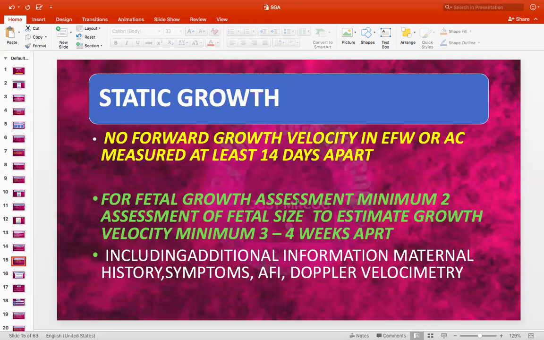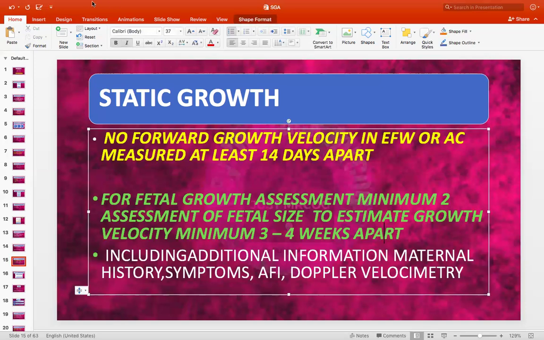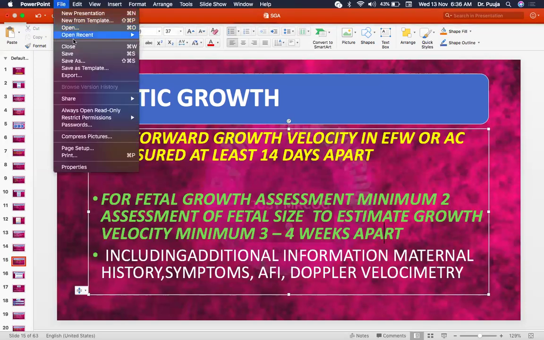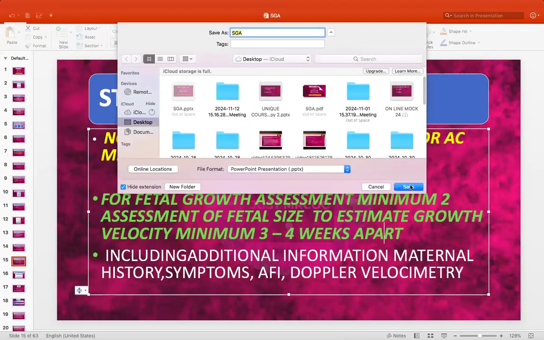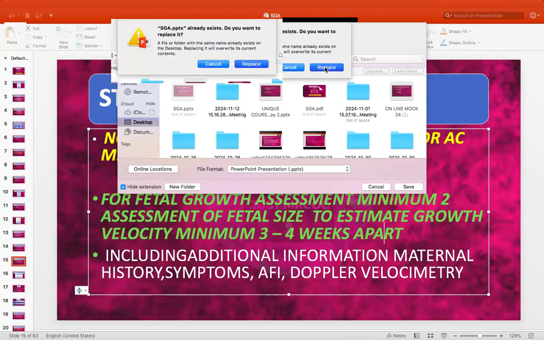For fetal growth assessment, minimum 2 assessments of fetal size. Obviously you can only compare, no? To estimate growth velocity, minimum 3 to 4 weeks apart. So definitely if you want to determine the growth assessment, then you have to compare, no?